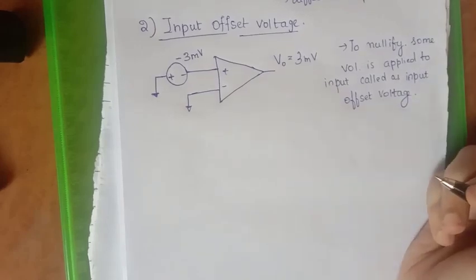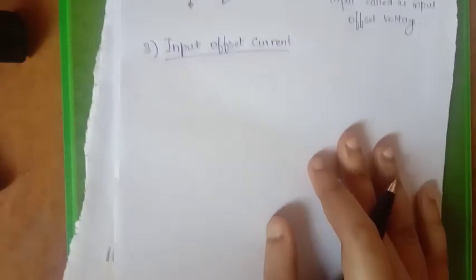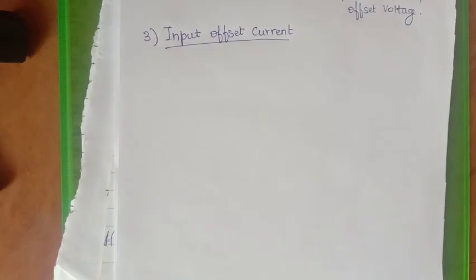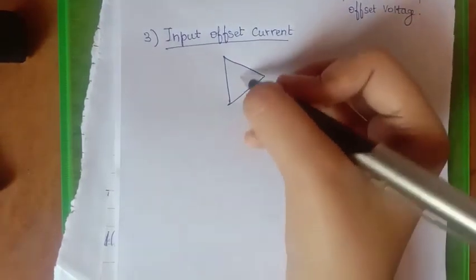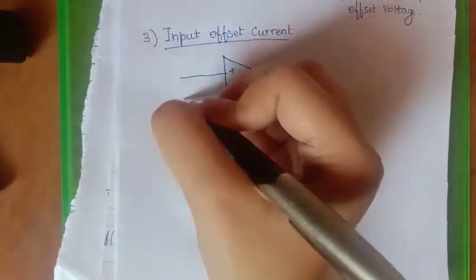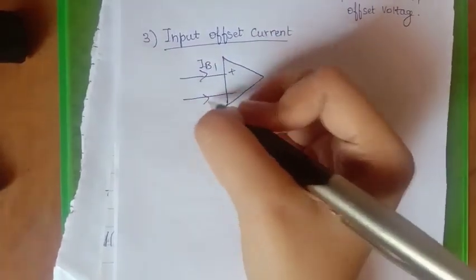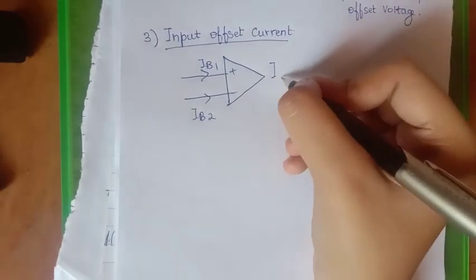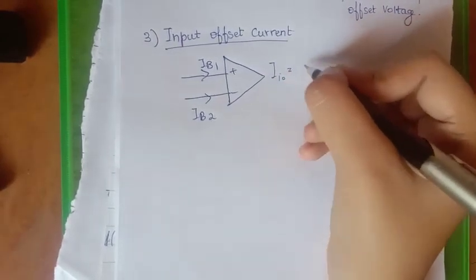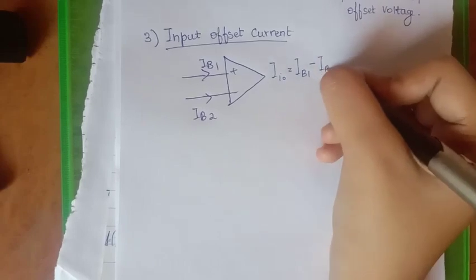Next we are going to see the input offset current. It is nothing but the algebraic difference between the currents flowing into the inverting and the non-inverting terminals of the op-amp. Here IB1 and IB2 represent the currents flowing into the inverting and non-inverting terminals.